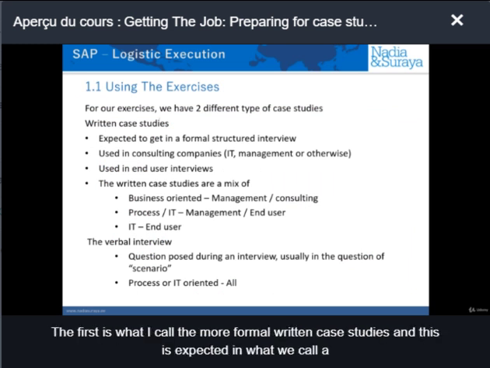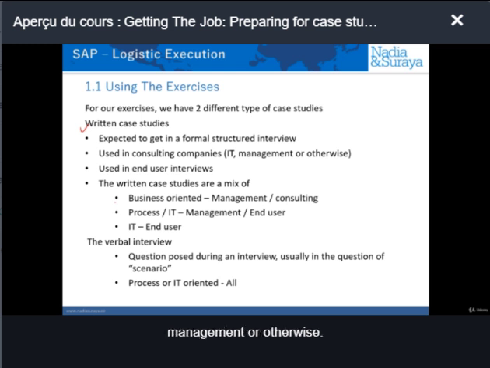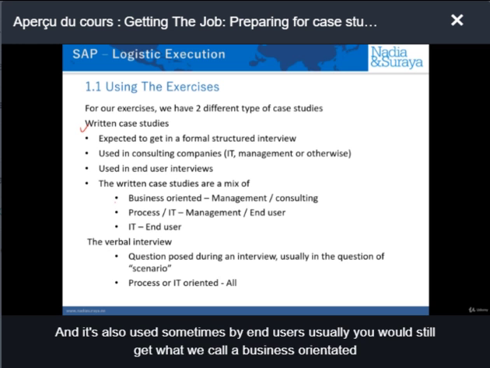The first is what I call the more formal written case studies, and this is expected in what we call a more formal structured interview. It's usually used mostly in consulting companies, either IT management or otherwise, and it's also used sometimes by end users.